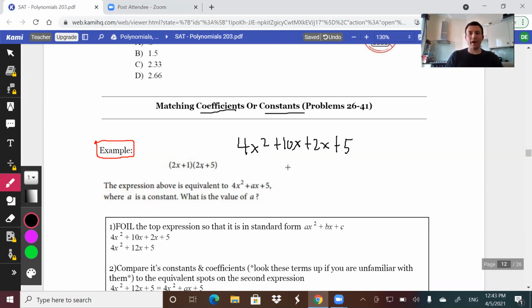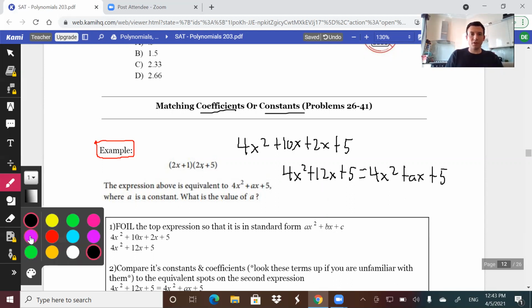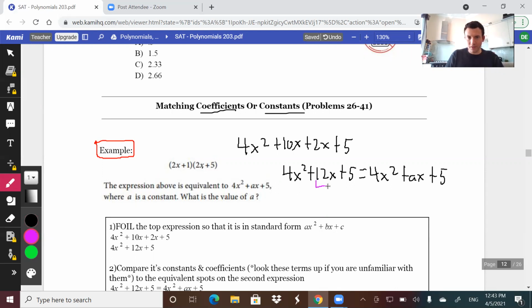So really what we have here is 4x squared plus 12x plus 5 equals 4x squared plus ax plus 5. So they want to know what's the value of a. Well, the b term, right, ax squared plus bx plus c in standard form, the b term for both of these is going to have to be 12. So a is 12. So that's simple enough.